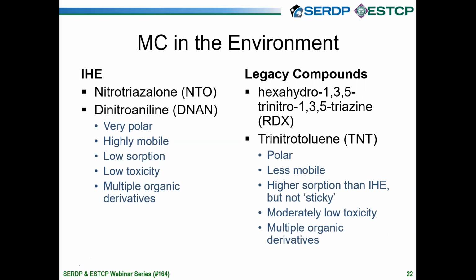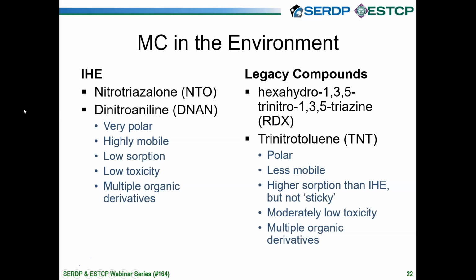And I think that there are some generalities that you can make about both IHEs and legacy compounds, in that relative to a lot of other organic contaminants, these compounds are relatively polar, maybe a little bit less so for the two nitroaromatics, DNAN and TNT.